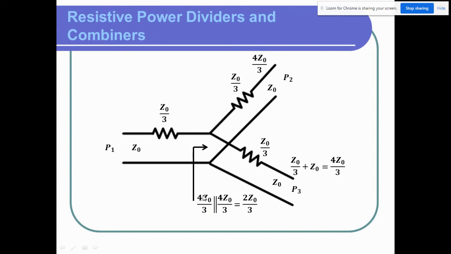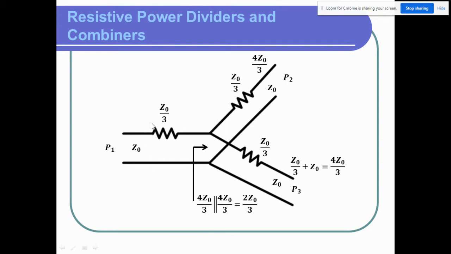These are the same, right? So just dividing by 2 gives us the equivalent impedance value. So 4Z0 divided by 2, over 3, gives us 2Z0 by 3. So until here we have 2Z0 by 3.